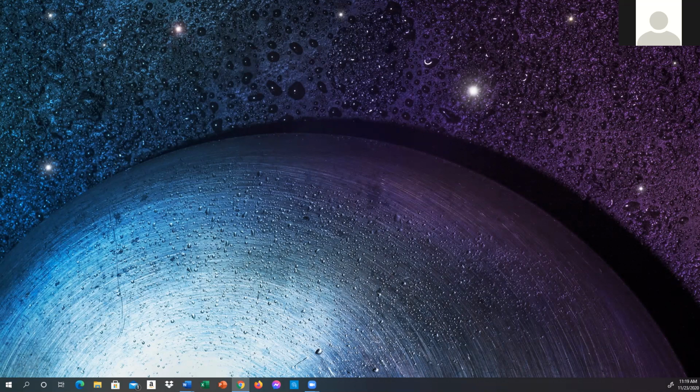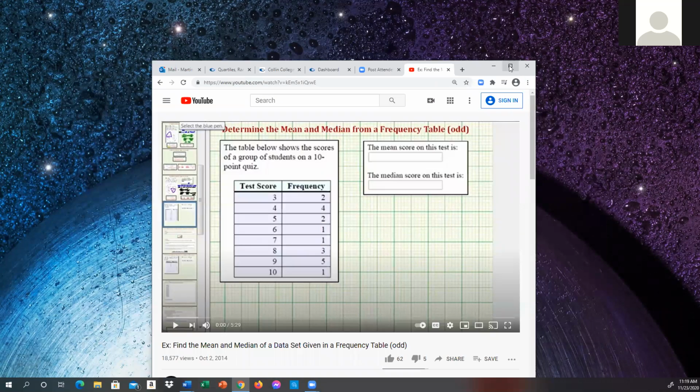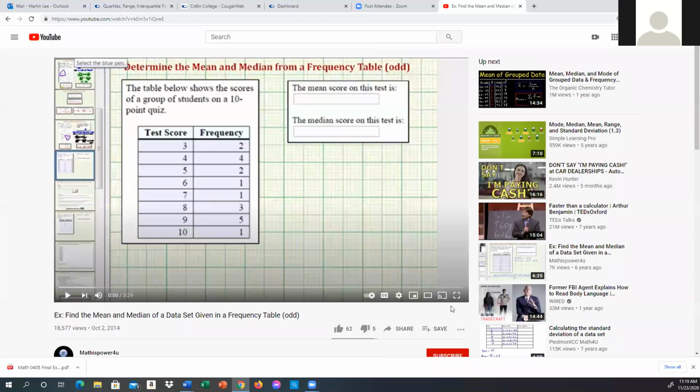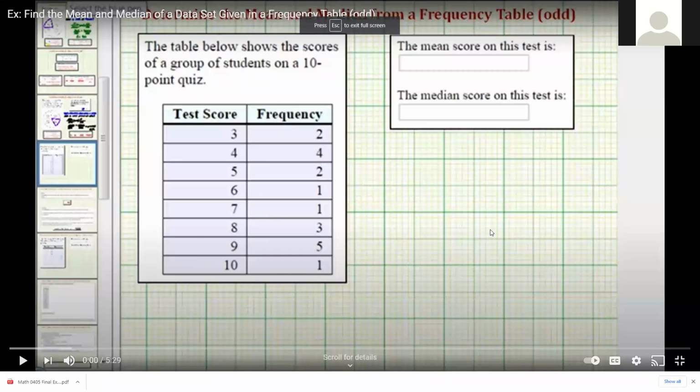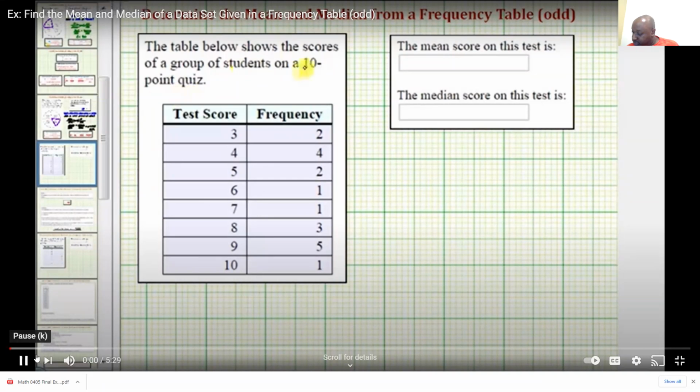The table below shows the scores of a group of students on a 10-point quiz.